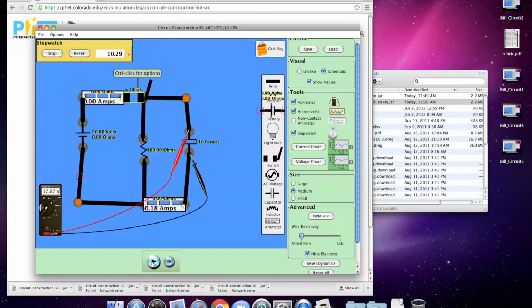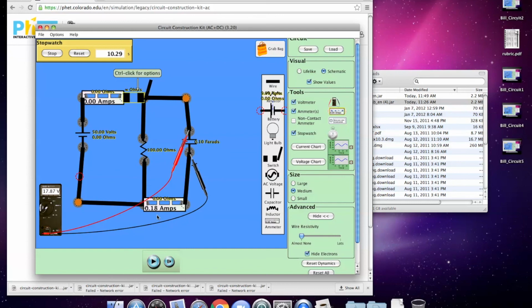And if I measure across, notice if you take this number times 100, it's a little bit more than 0.1787. Again, that's because of the significance of the ammeter.